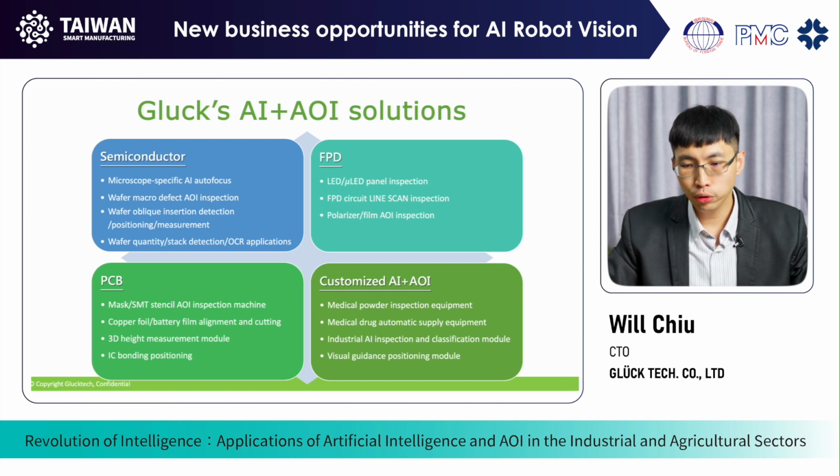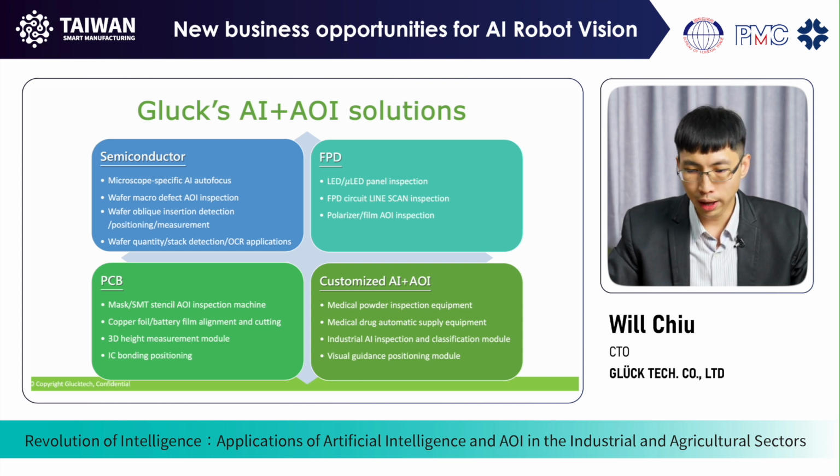Before we conclude today's presentation, we have revisited the 4 main functions of the AOI technology: inspection, recognition, measurement, and positioning. These functions have played a critical role not only in the industrial sector, but also in areas such as agriculture and healthcare.